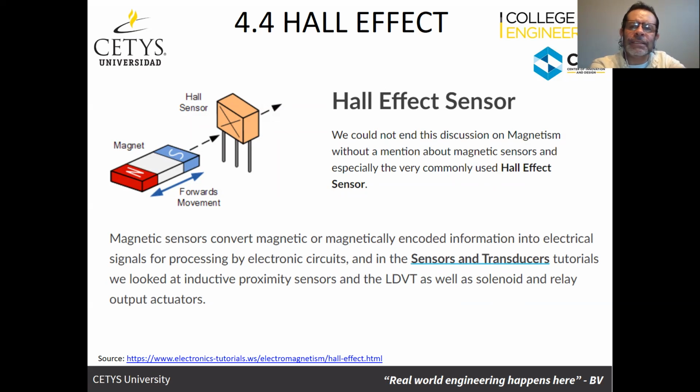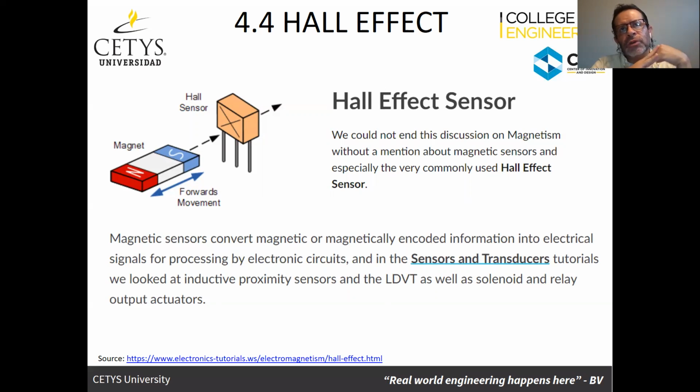Now, the term sensor is also used in relationship with another term called a transducer. What is a transducer? A transducer is something that converts one type of energy to another type of energy.